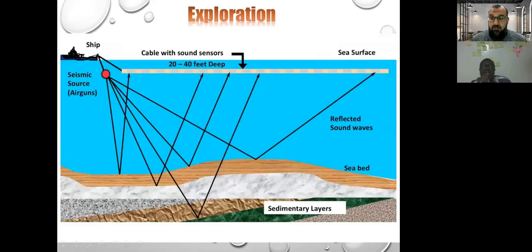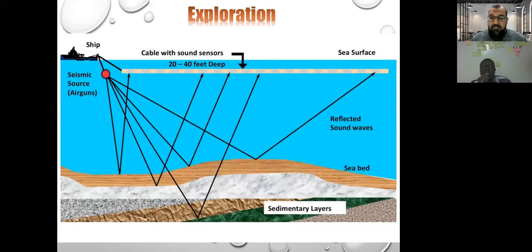This is like a source of sound or signals. They will produce this through air guns, and it will go directly to the deep area of the land or underneath the water, to the seabed. Then the sound waves are reflected, and these reflected sound waves will be transferred to 3D images.